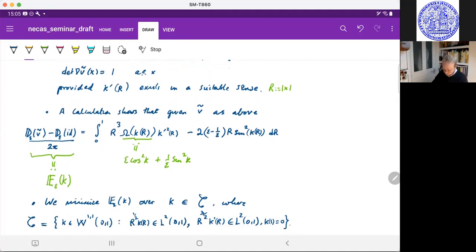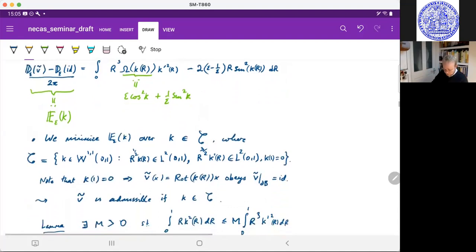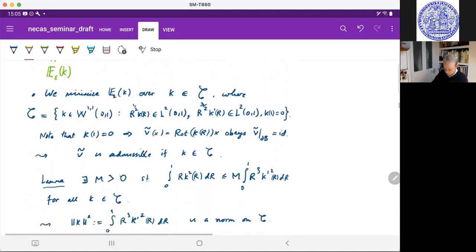So to study this, we minimize it over k belonging to a class curly C, and I've described curly C here. So it's the set of maps in W^{1,1} on (0,1), for which you have r^{1/2} k in L2 and r^{3/2} k prime in L2, and k(1) equals 0.